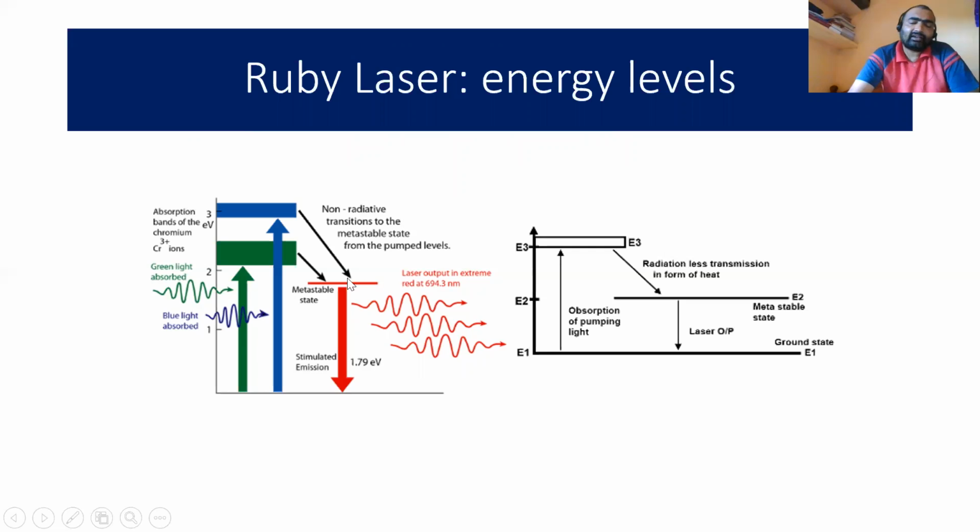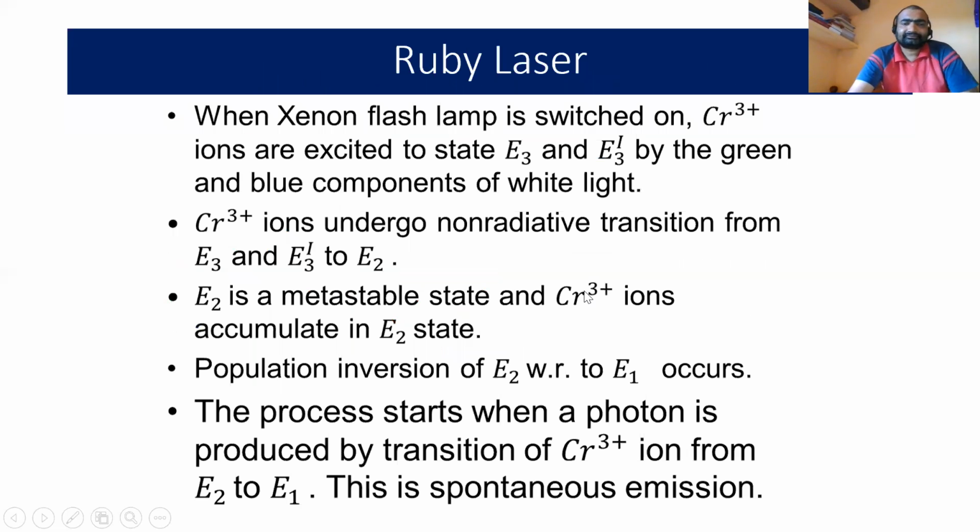In this way, after a certain extent of time, you can find more chromium ions in the E2 state when compared to the ground state. So we can say that population inversion is achieved between E2 energy level and E1 energy level. You can see here, this is E1 ground state, E2 metastable state, E3 excited state. So this is the energy level representation.